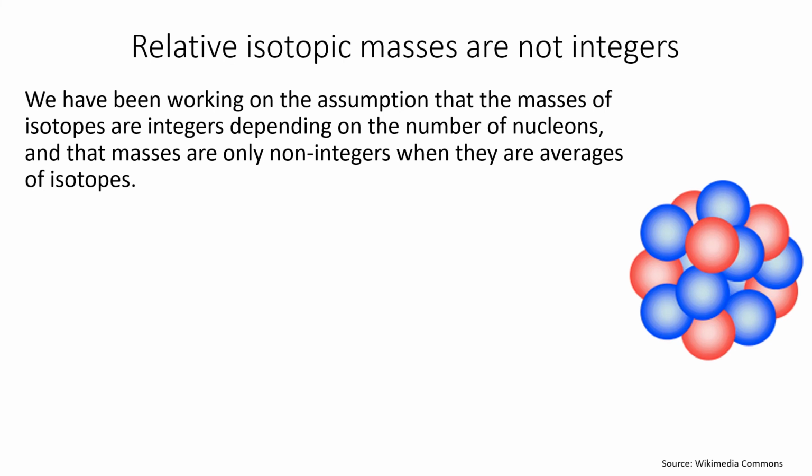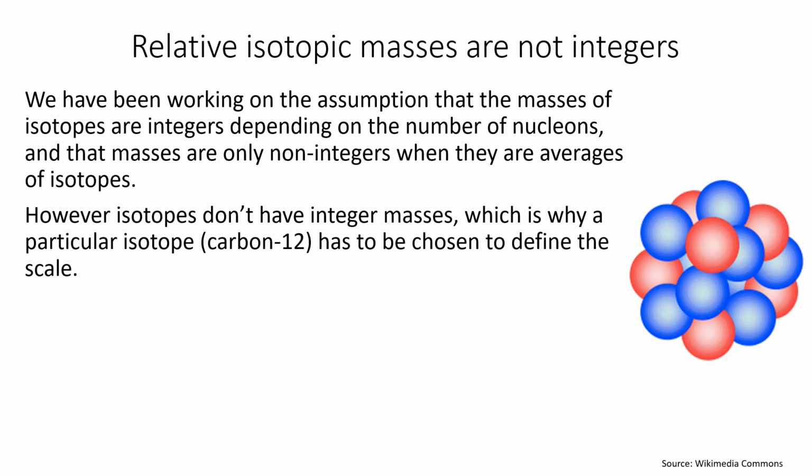But the fact that these isotopic masses are not coming out as pure integers does make us wonder why that is the case. After all, the number of nucleons involved, protons and neutrons, are integer numbers. So why aren't the masses just following those integer numbers? Of course they very nearly do, and it's only when you can measure them extremely accurately that you can see these small differences and the fact they're not perfect integers.